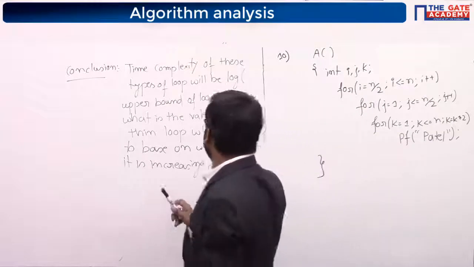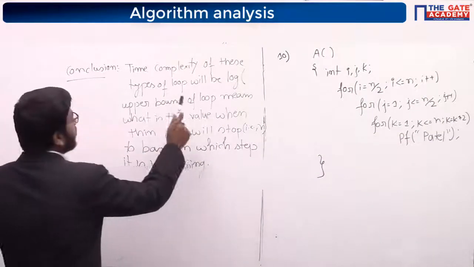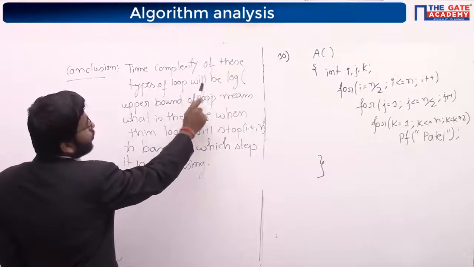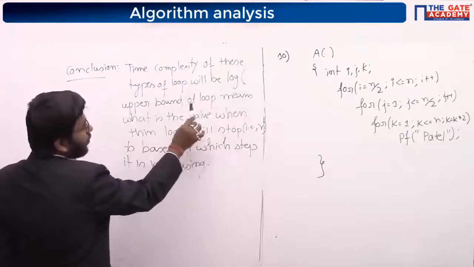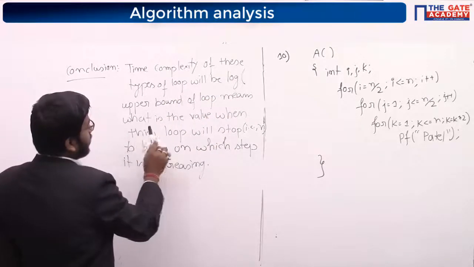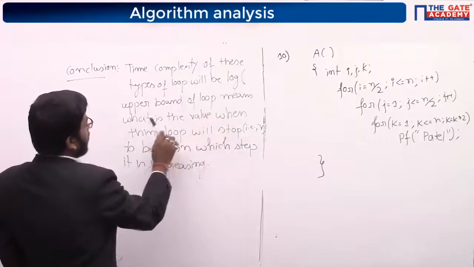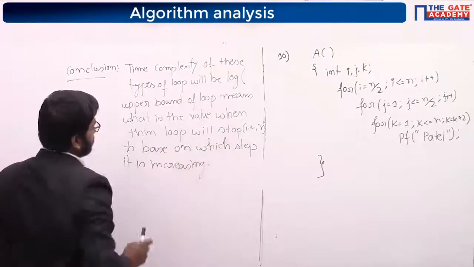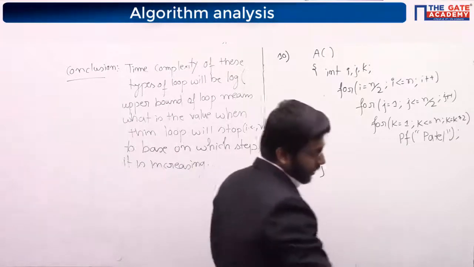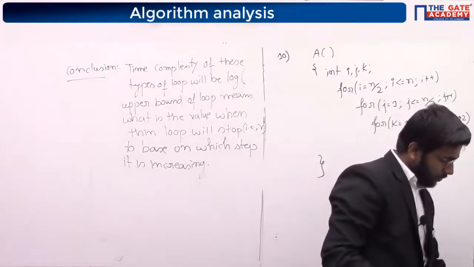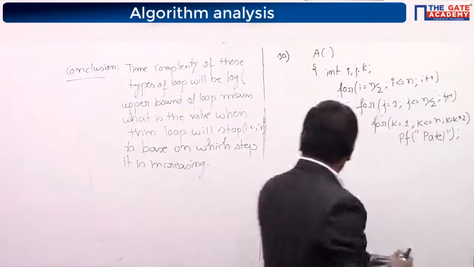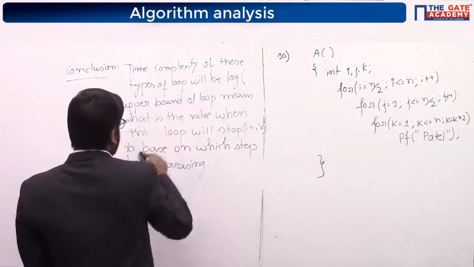See here, I have written that the time complexity of this type of loop will be log of the upper bound of the loop. Upper bound of the loop means what is the value when this loop will stop. It's my mistake.